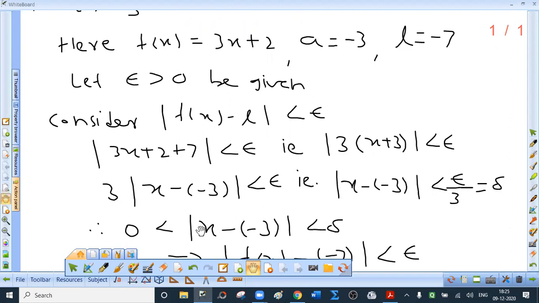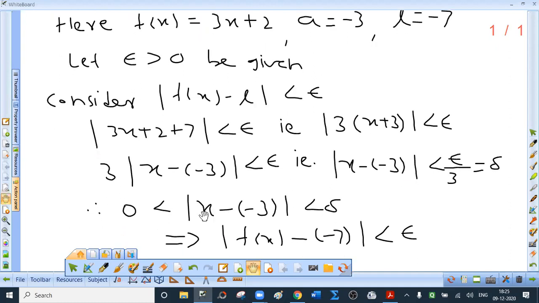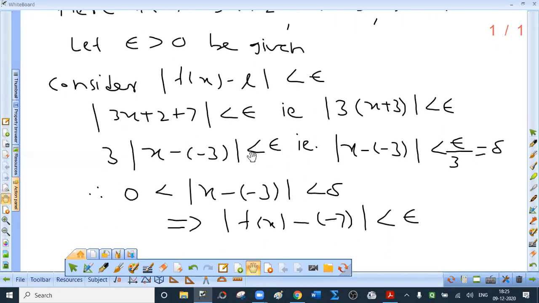Now this can be written as 0 less than mod of x minus (minus 3) less than delta. Right? So this is about the second sum. After this, we have to say this implies mod of f(x) minus (minus 7) less than epsilon.